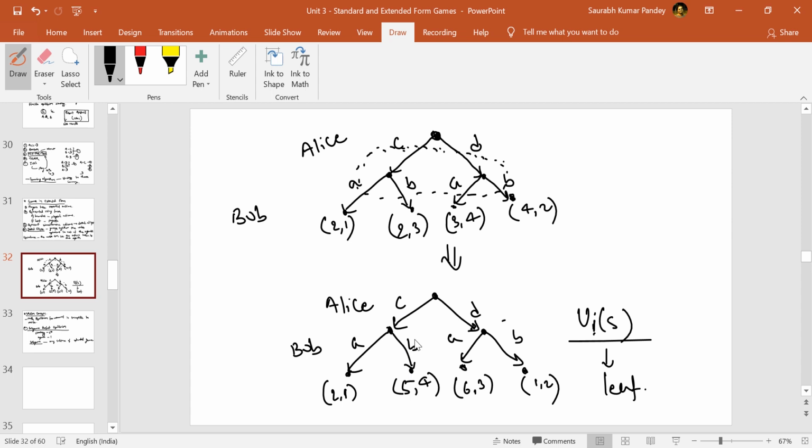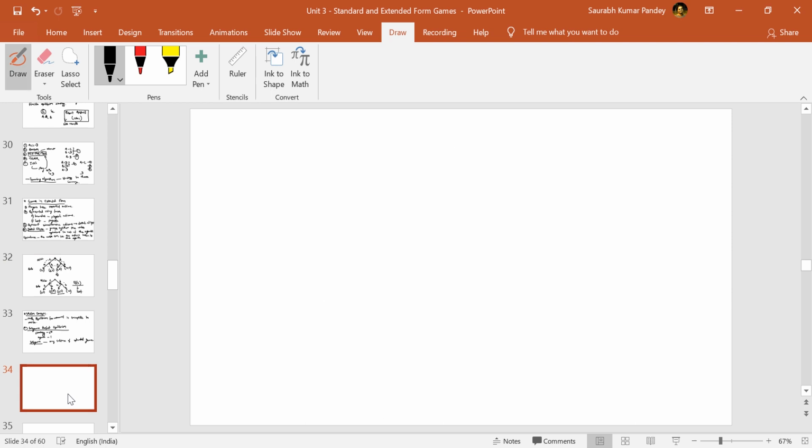If Alice plays C and Bob plays B, and if Alice plays D and Bob plays A, in that case you will have more utilities, right? In one you get 5-4, in one you get 6-3. So over here the subgame perfect equilibrium is getting achieved, right? Now you see, we must also understand, when we are talking about this, it is a very complex term.